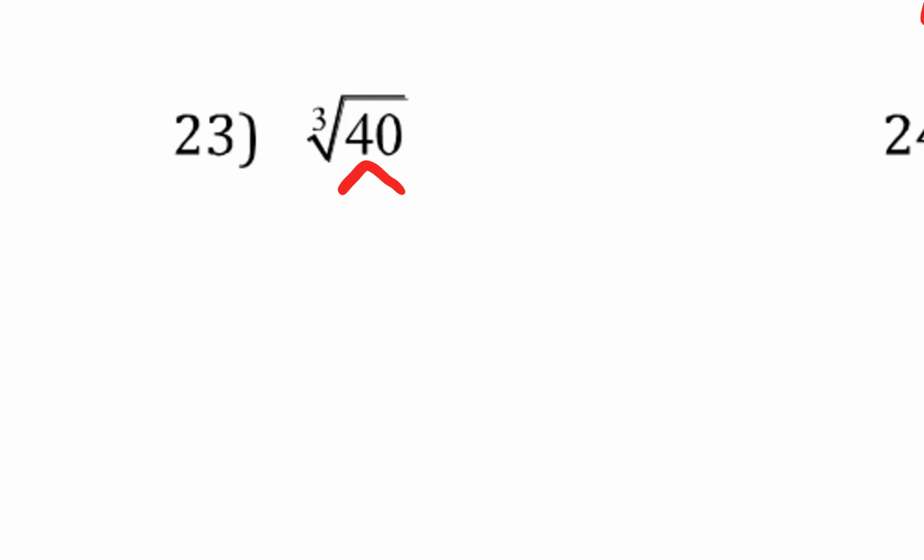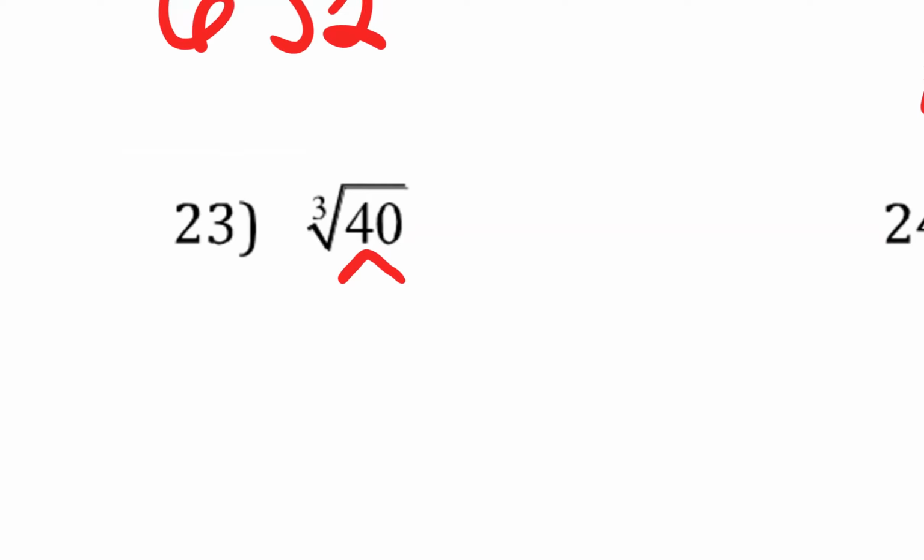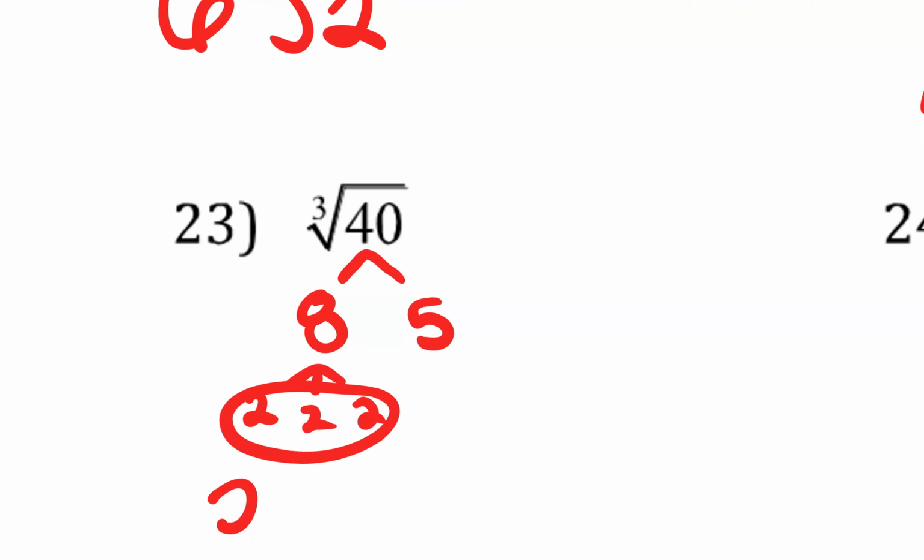I know 1 times 1 times 1 is 1, that doesn't really count. 2 times 2 times 2 is 8. 8 does go into 40. 8 times 5. 8's a perfect cube, so I know that this can break into 2, 2, and 2. So 2 comes out, the 5 must stay in.